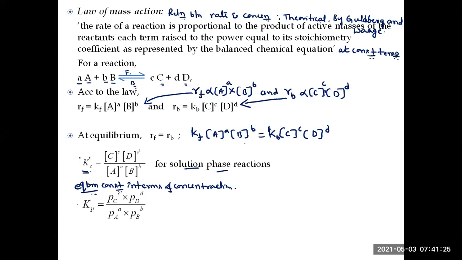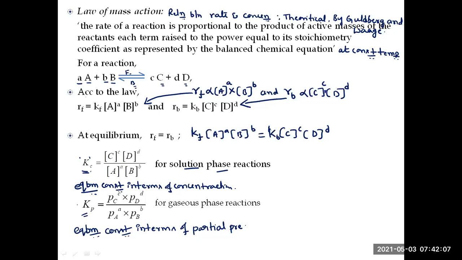You would remember we did some problems in thermodynamics at the end, where delta G naught was given and Kp was calculated in terms of partial pressure. So this is for reactions happening in the gaseous phase. This Kp is called the equilibrium constant in terms of partial pressure, P for partial.